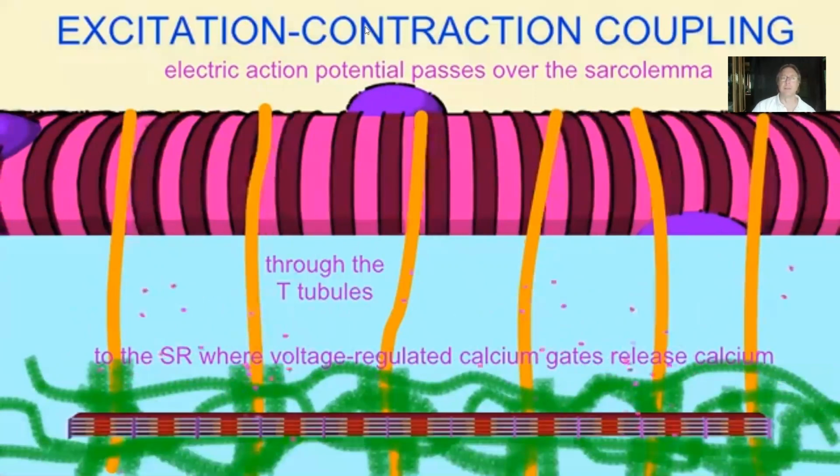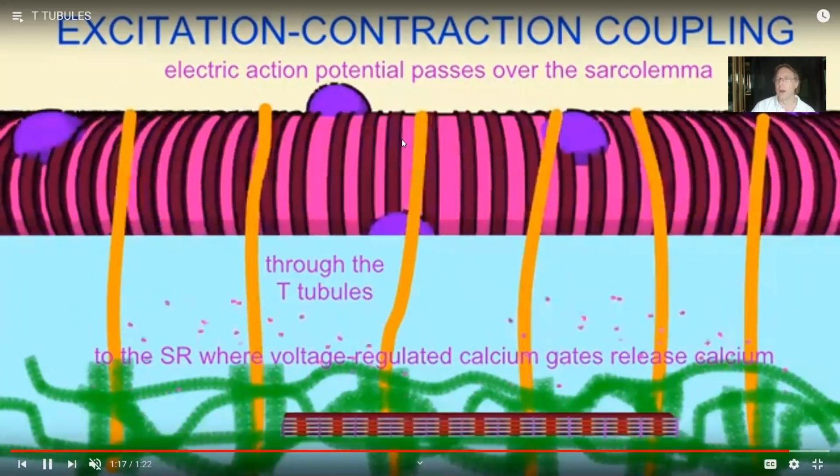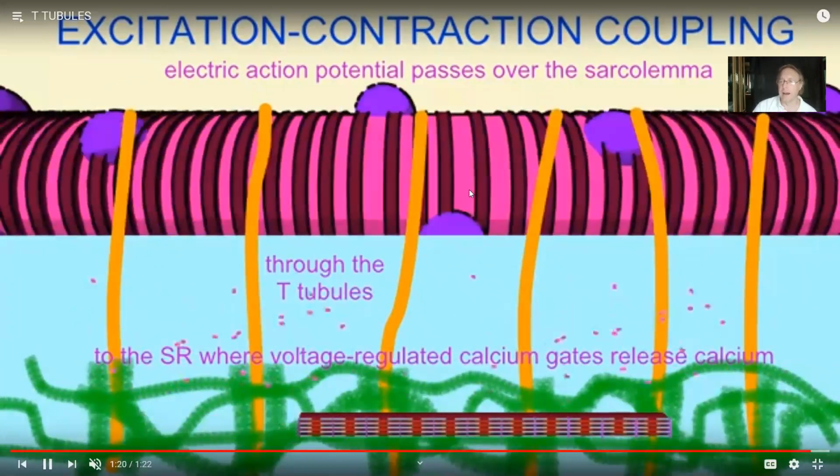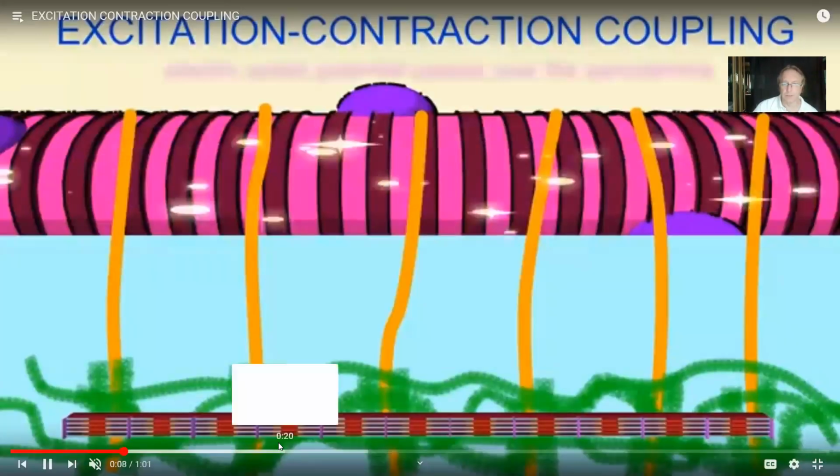So once again, there is an excitation-contraction coupling where the electrical messages which travel over cell membranes are then coupled to the contraction of sarcomeres thanks to those muscle proteins.